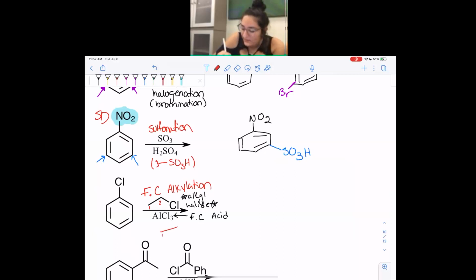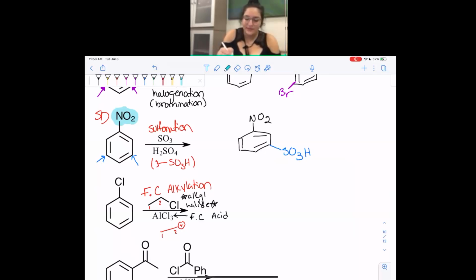And I know I would have this carbocation right here. Carbocations can undergo rearrangements. Specifically this one. Can this undergo any kind of rearrangement? No. Perfect. So we know that this is going to be added to our ring.